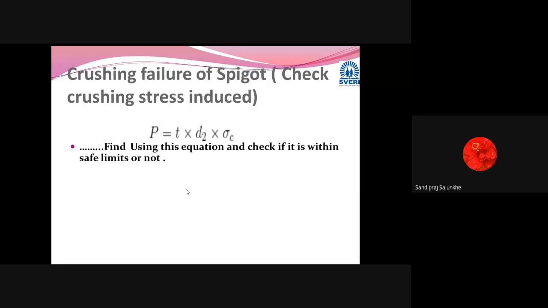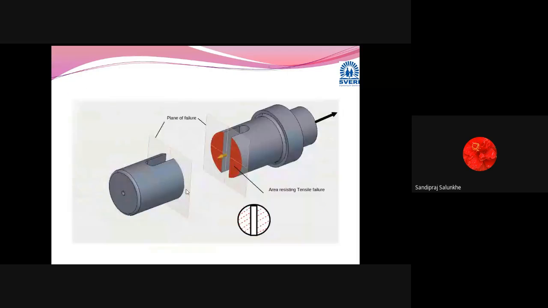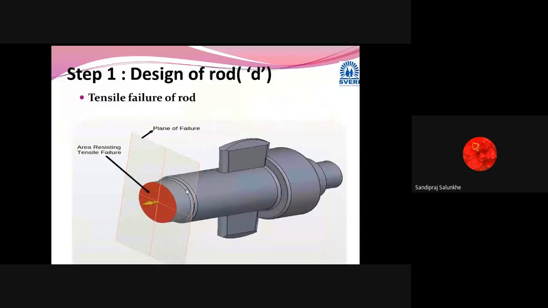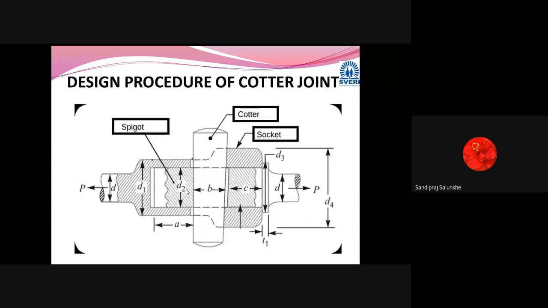Already we have seen the sketch of this socket. With this joint, we started from the rod dimensions, and later on we calculated dimensions of the spigot, and now we are going to see how to calculate the dimensions of this socket.